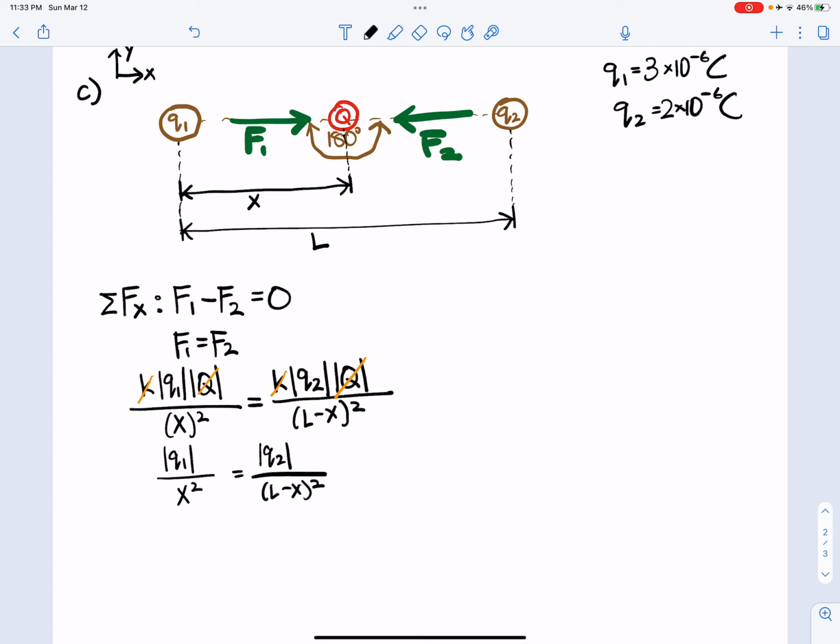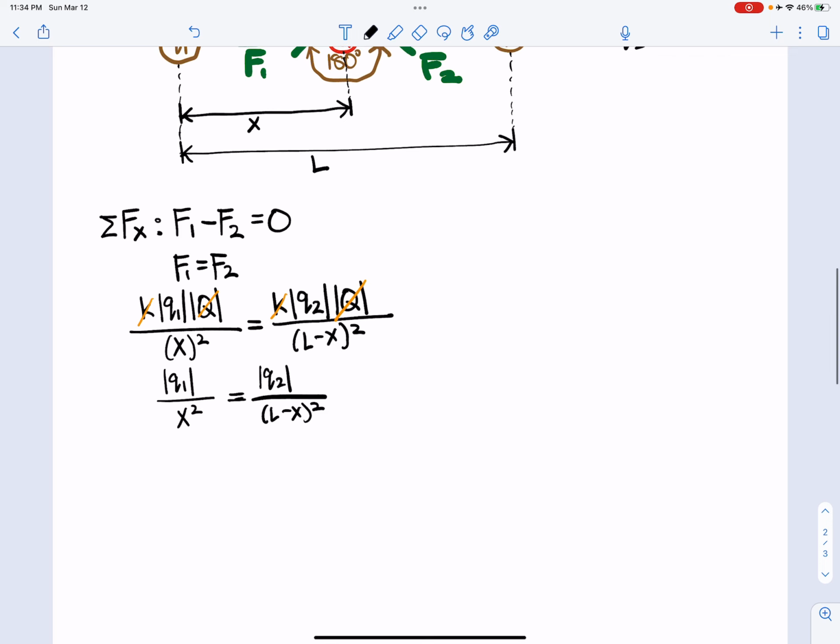Okay? And because these two fractions are equivalent, I could rewrite this, right? I could call this L minus X squared divided by x squared is equal to Q2 over Q1, right?